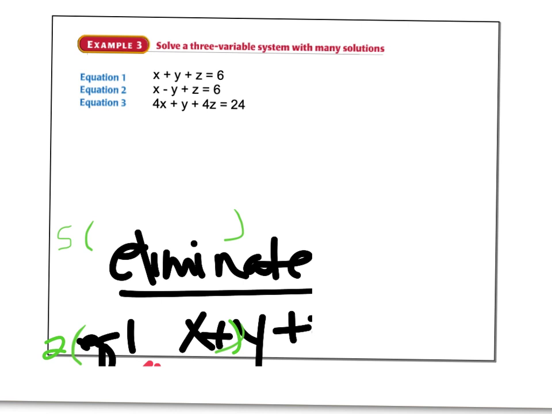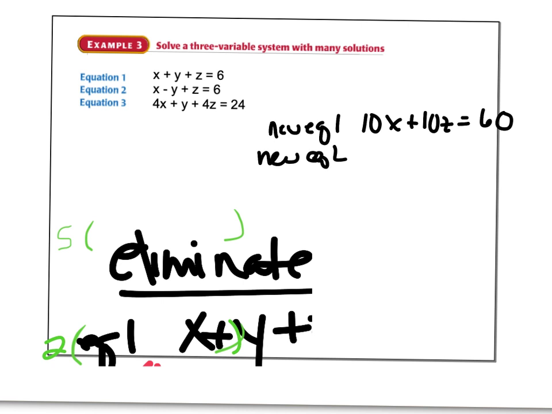And so now I have new equation 1 is 10x plus 10z equals 60, and new equation 2 is 10x plus 10z equals 60. And if you notice right away, you end up with both equations being the same.